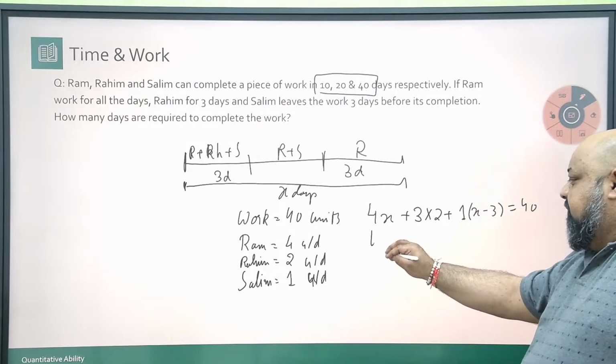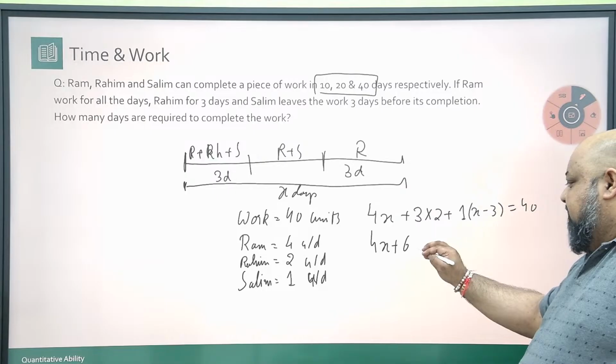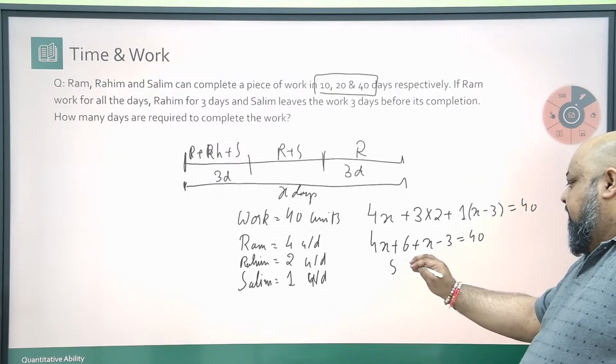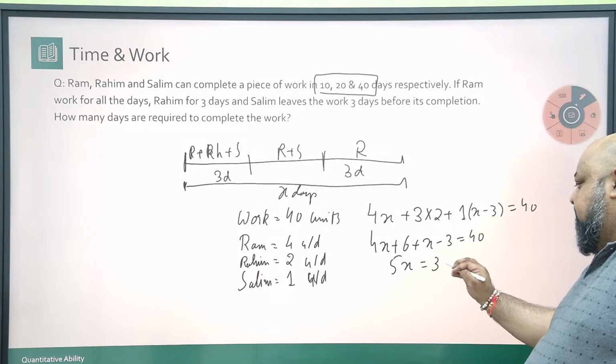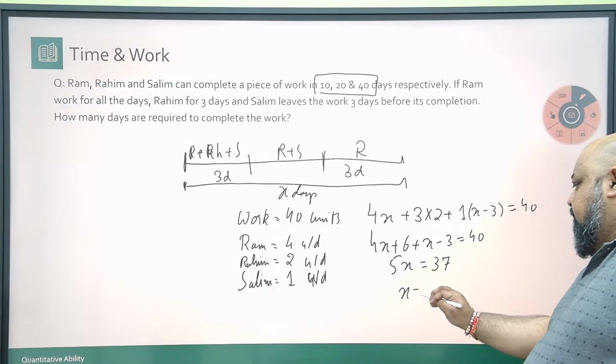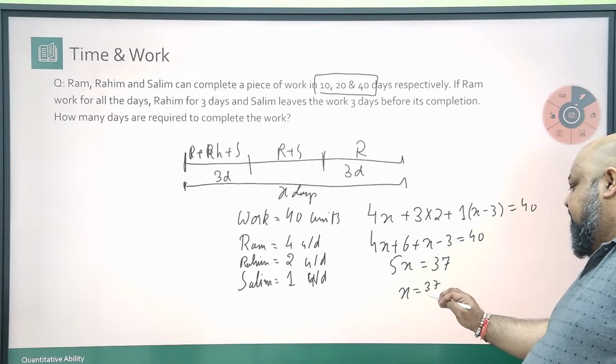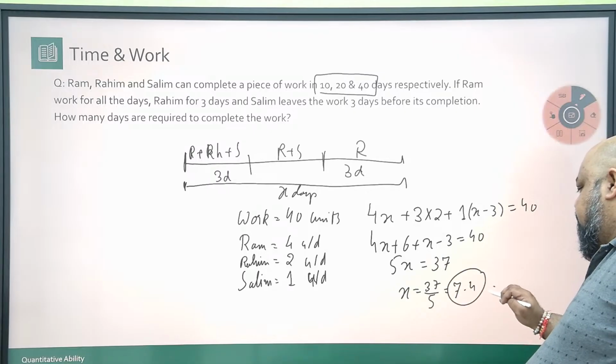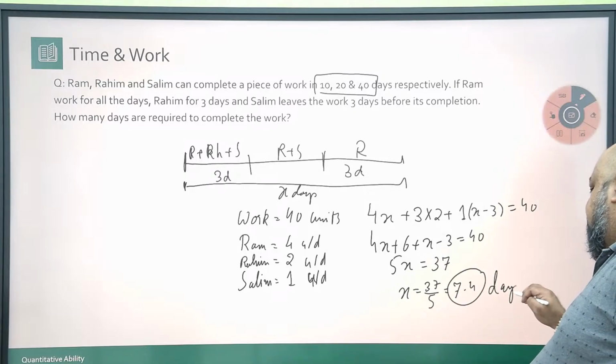We solve the equation 4x plus 6 plus x minus 3, 5x equals 37, x equals 37 by 5, 7.4 days.